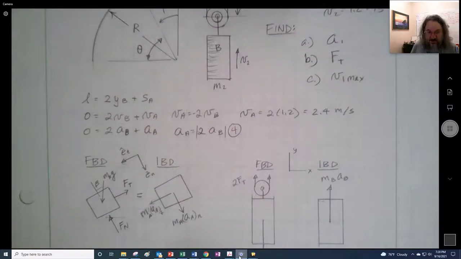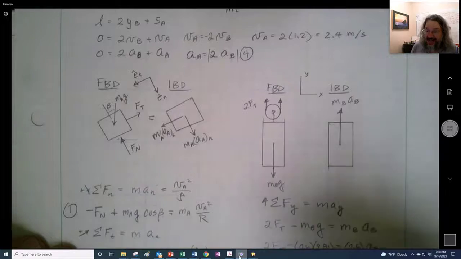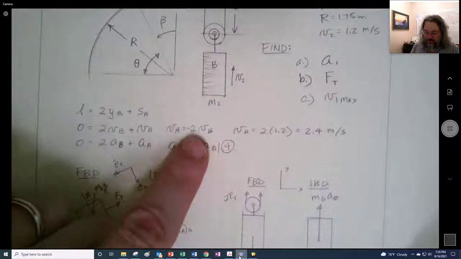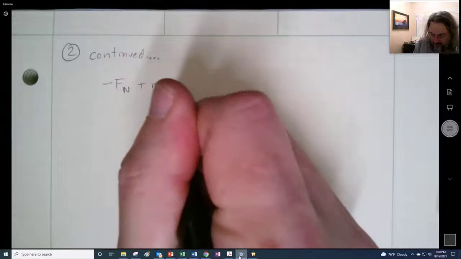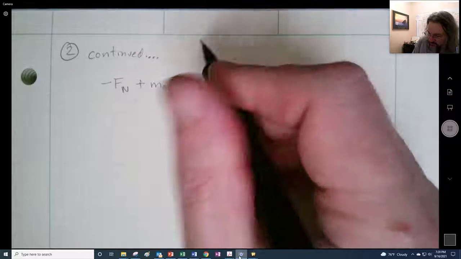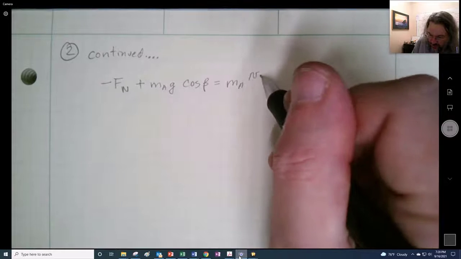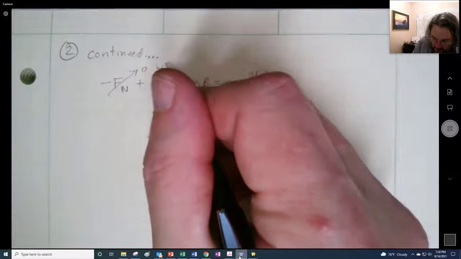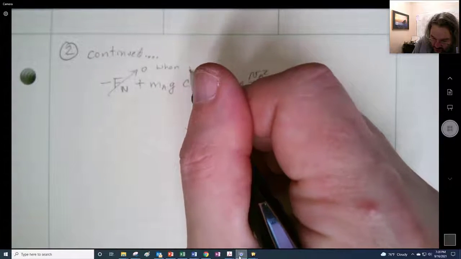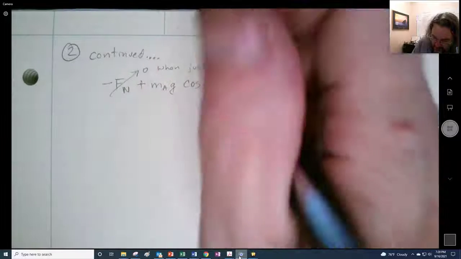So when we set this equal to 0, we could find the velocity when that's going to occur, at least at A. And then we could go backwards and figure out the velocity at B. So I'll write it out: Fn plus mg times the cosine of beta equals m va squared over capital R, and Fn goes to 0 when just losing contact.